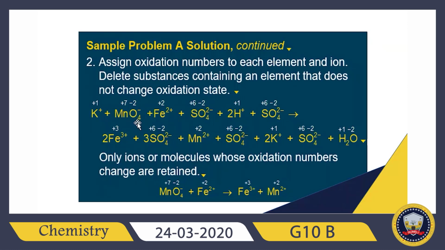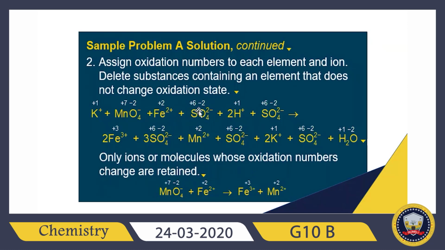Okay, so for manganese, for example, here it was +7, and then it decreased into +2. So we need to keep these two ions in our equation. This ion is on the left side, so it will be on the reactants side, and the manganese will go to the products side of the equation.